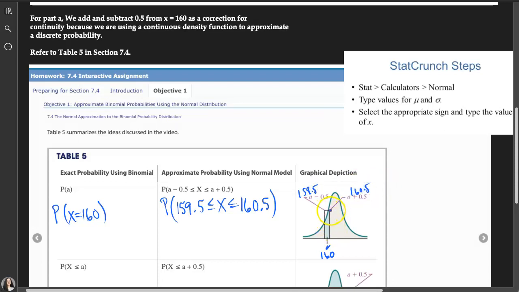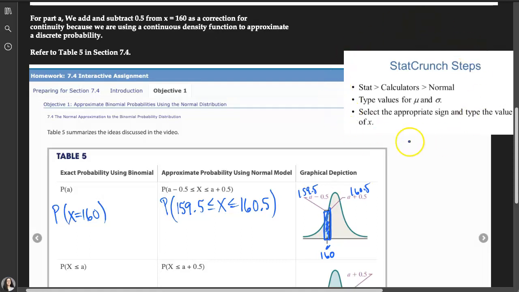It gives me this really small bin that is fairly close to what's under the curve of the normal distribution within 159.5 and 160.5. Keep this table handy as you are doing these types of problems, using the normal distribution to approximate a binomial probability.